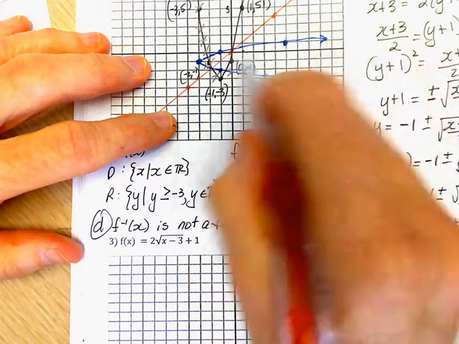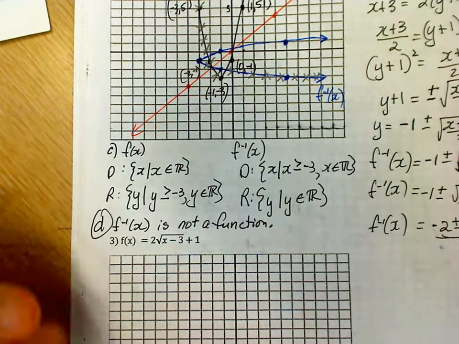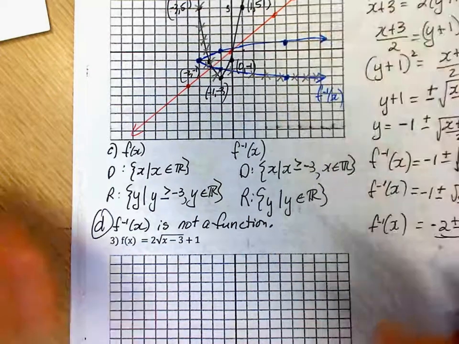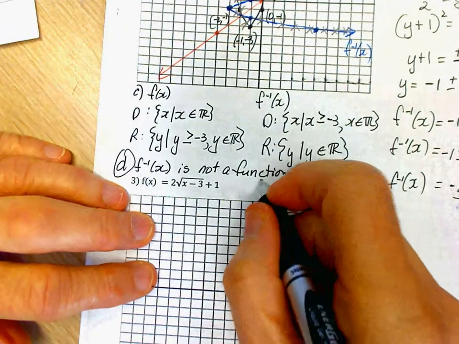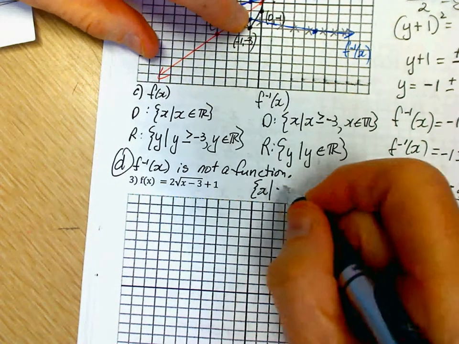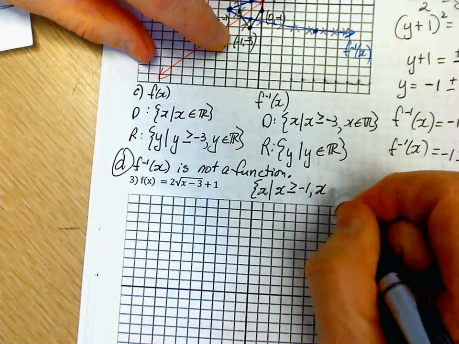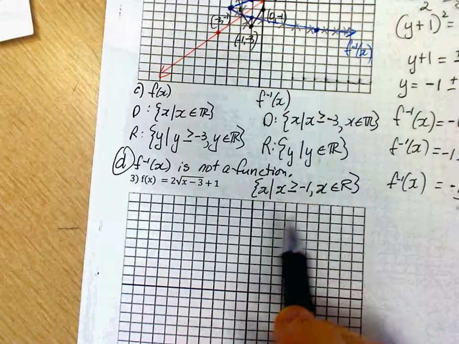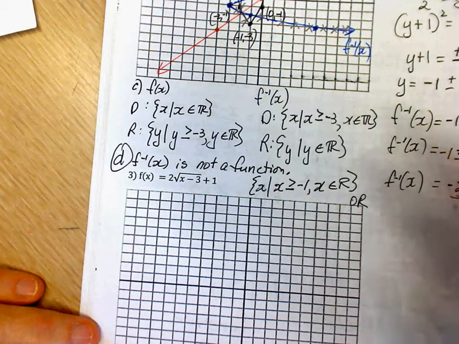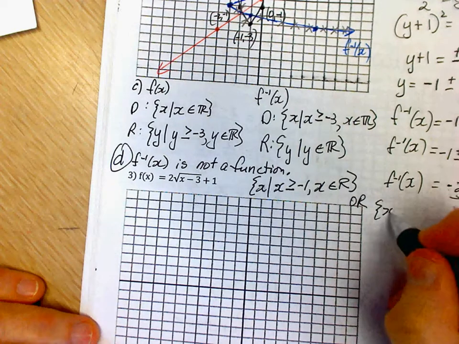So basically what you do is you can either knock off this half or knock off that half. So watch, this is what we do. We restrict the domain so that if I knock off this guy, then I'm left with x is greater than or equal to -1, x is an element of real numbers. I can either restrict it to this, or I can knock off this guy and keep this branch: x such that x is less than or equal to -1, x is an element of real numbers.